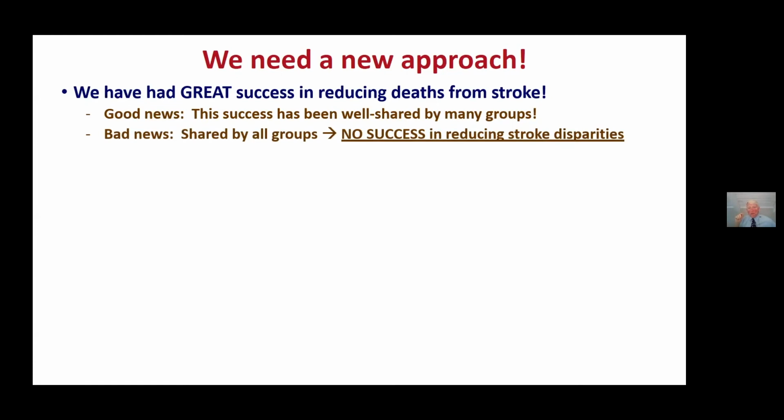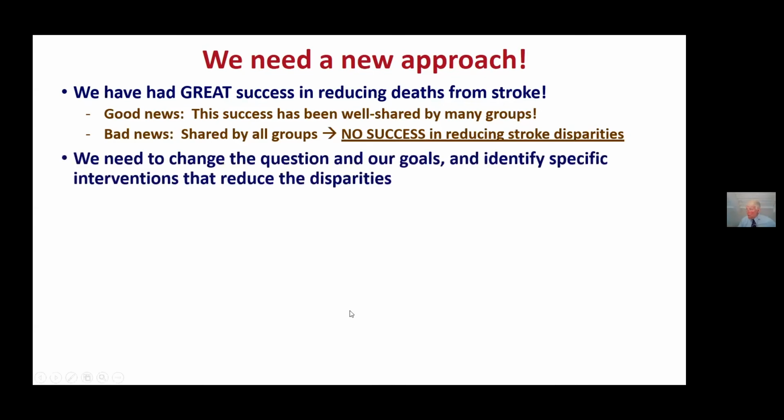What we've done is make everybody better while perfectly preserving all the disparities. So we've succeeded in reducing the burden of stroke while maintaining the stroke disparities. African Americans, rural people, and Southerners are still at higher risk despite these dramatic declines.